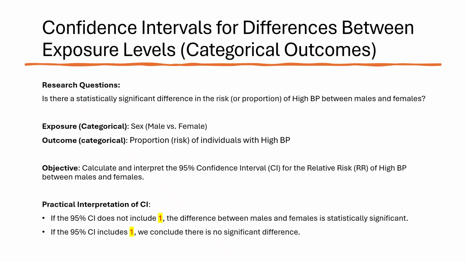Because just think about it. If 20% of the males have high blood pressure and 20% of the females have high blood pressure, when we are comparing these proportions, 20 over 20 would be 1, which means that there is practically no difference between males and females.